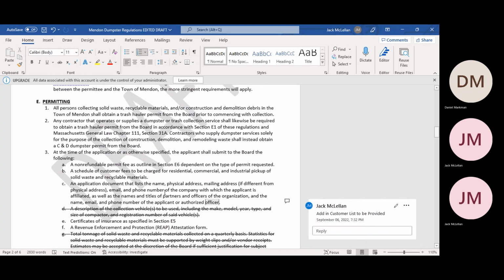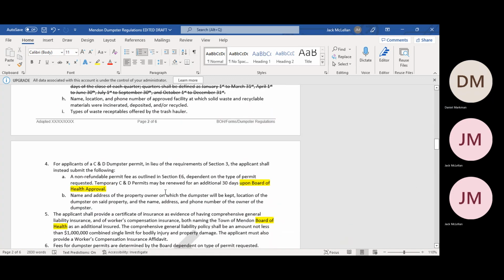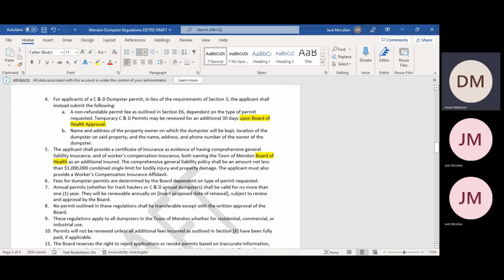Right. It doesn't mention timeframes or your abilities to regulate specific dumpsters because there's already a section that does that down below. Well, what about temporary C&D permits may be renewed for an additional 30 days upon application? Right. Perfect. So that's for the permit. And again, the permit is basically an administrative tool for the hauler.